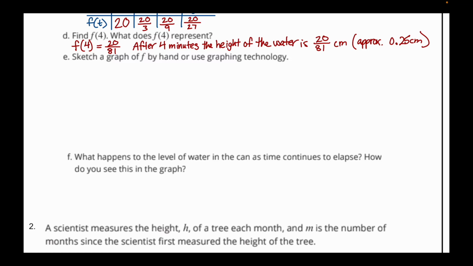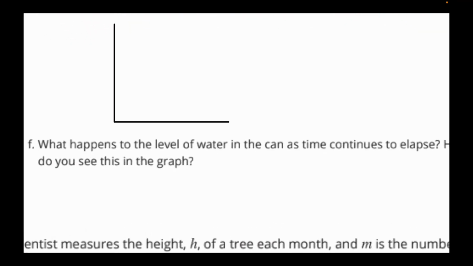So let's make a graph. I'm gonna draw here with my black pen, kind of make myself some vertical and horizontal axes. And along my horizontal, I want to have time in minutes, so I'm just gonna say time.